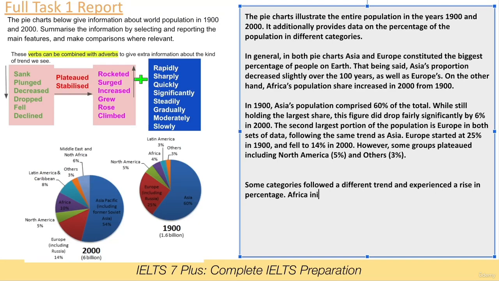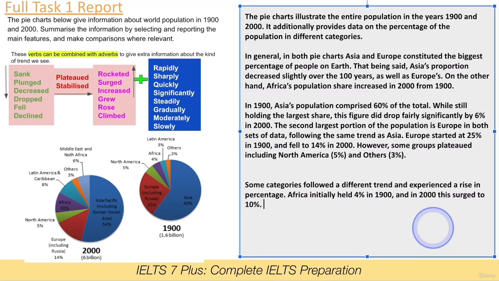Africa initially held or constituted, held 4% in 1900, and in 2000 this, let's think of another word, maybe surged to 10%.